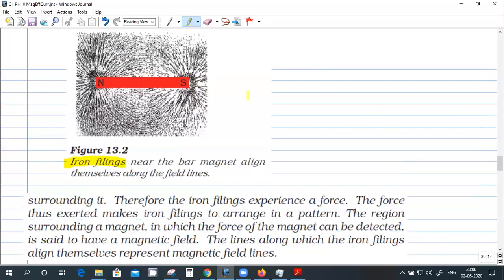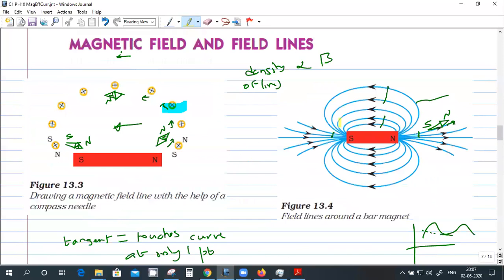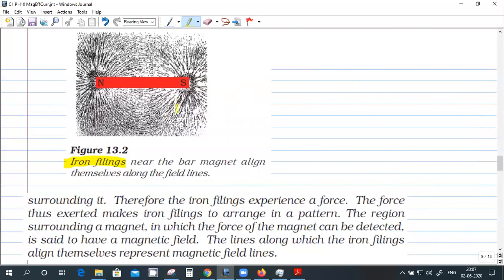This is matching with this field line picture. This is the theoretical understanding, and this is actually a photograph of what is happening. So you can see the iron filings aligning along the direction of the magnetic field lines.